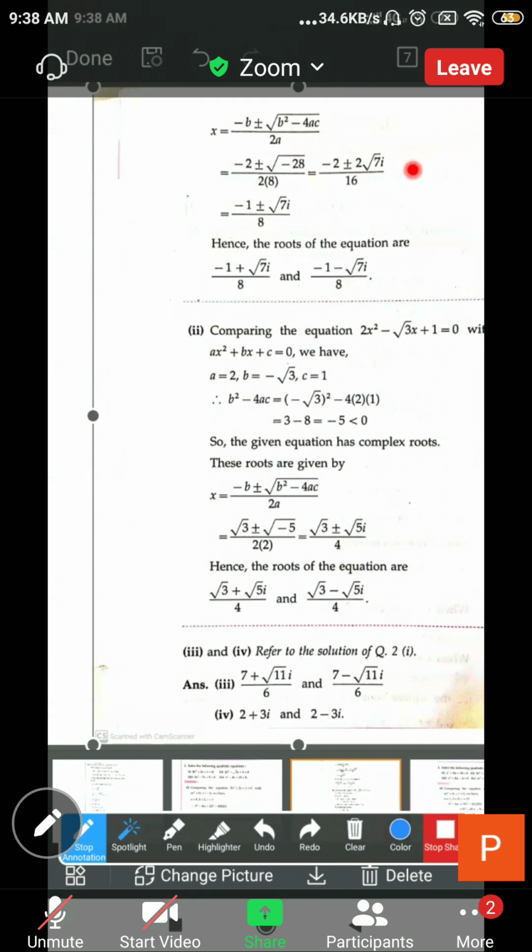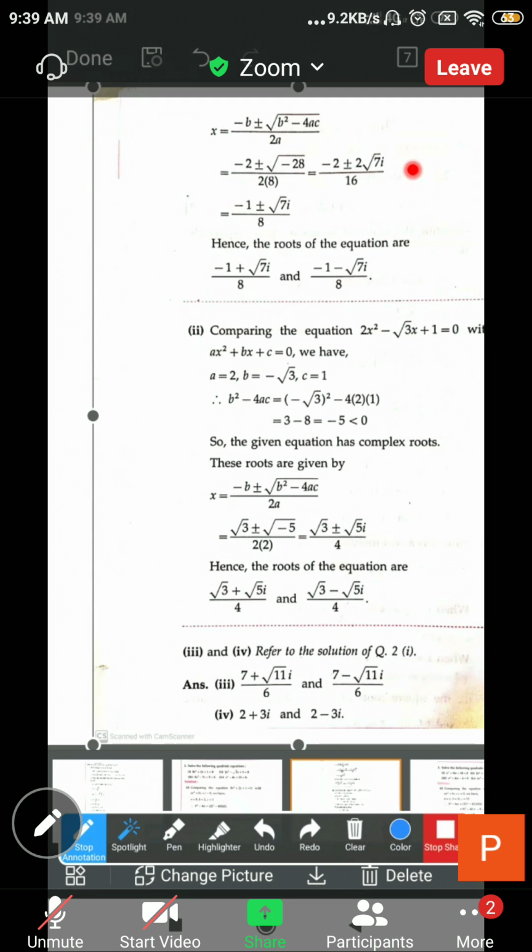Try to understand this concept, what you are doing here: i instead of root minus 1.